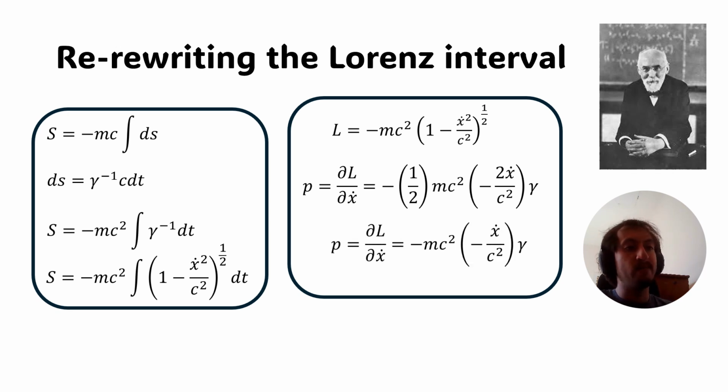And then we have this expression for the momentum, which we can simplify to this. So this is telling us that from our perspective, as we're seeing something move away, its relativistic momentum is mass times its velocity times the Lorentz factor.